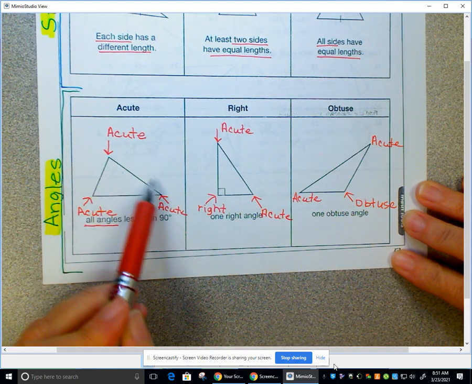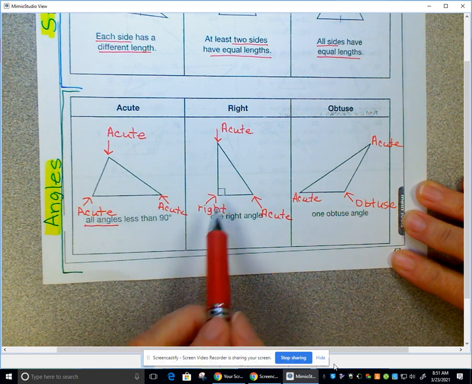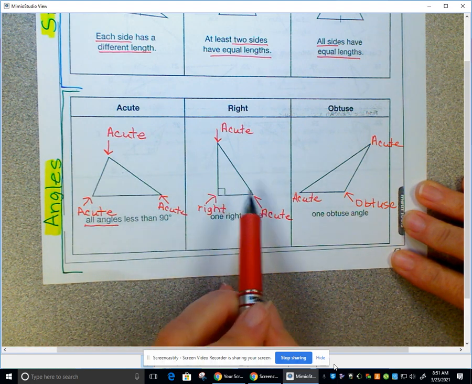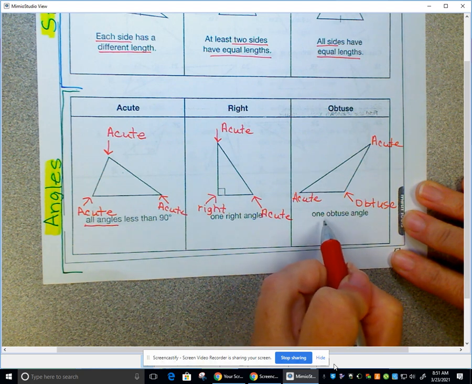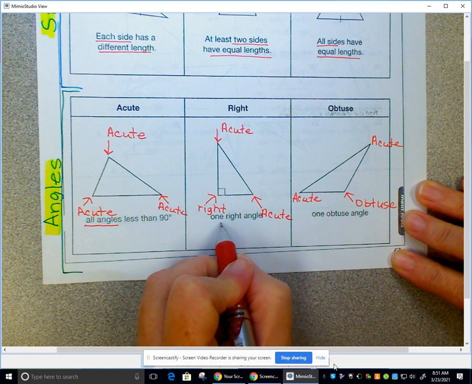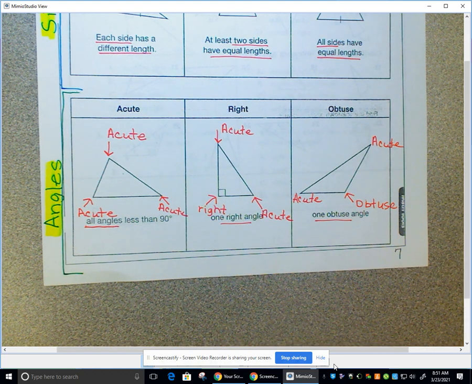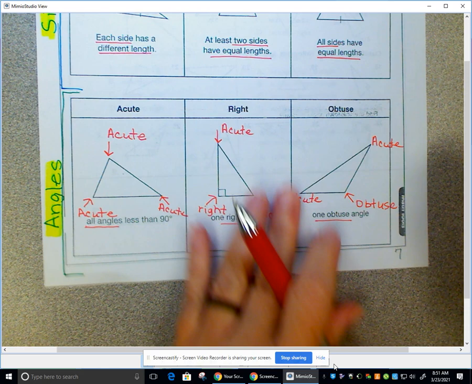If they're all acute, then it is an acute triangle. But the one angle that's not acute is the name of it. The other two will be acute. See, this will have one right angle. This will have one obtuse angle. So after you work with it a little bit, it gets a little easier. So we're going to continue practicing a little.